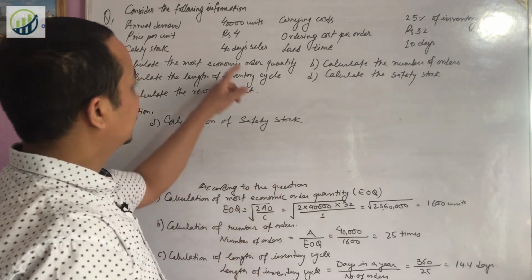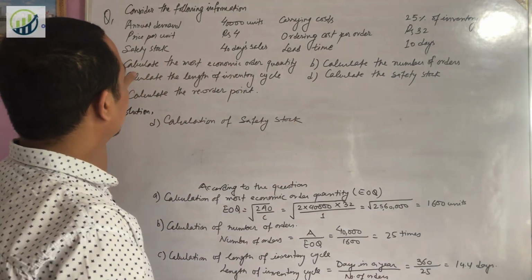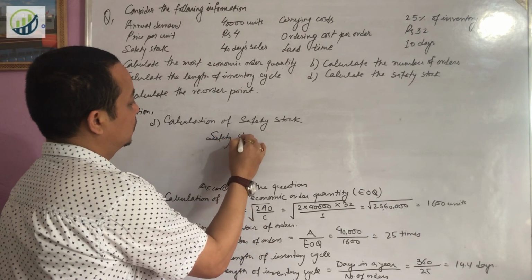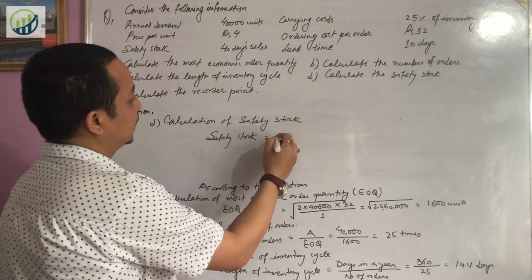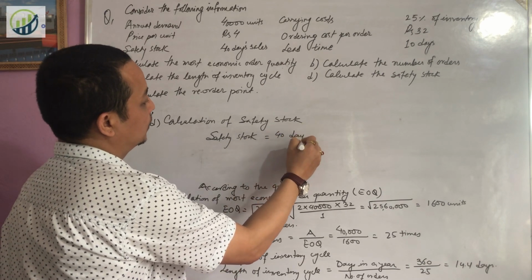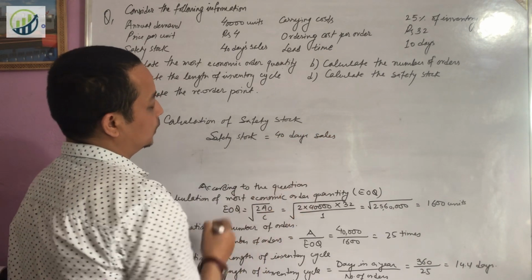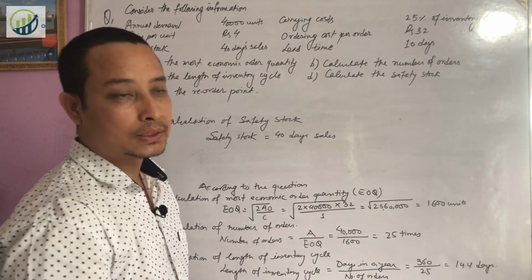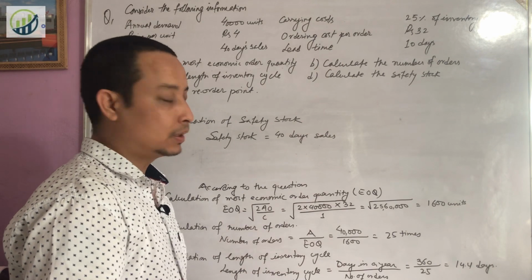So safety stock here is 40 days sales, which is given in the question. So 40 days sales means, in each day how many units of sales are done.